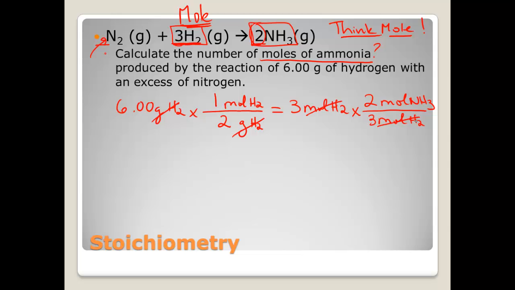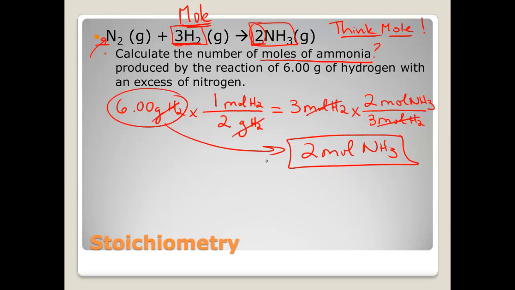My moles cancel out, so what am I going to be left with? 2 moles of ammonia is what will be produced from 6 grams of hydrogen. The key here is to remember to think in the unit of mole. You must be in the unit of mole in order to do this.